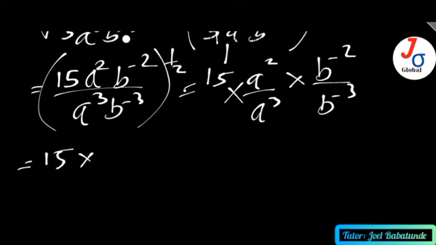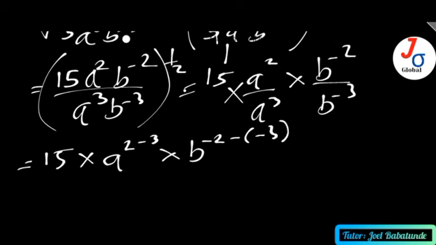From the laws of indices, since this is division, for a that's going to be 2 minus 3. Division becomes minus, then multiplied by b to the power of minus 2, and this division becomes minus, then minus 3.